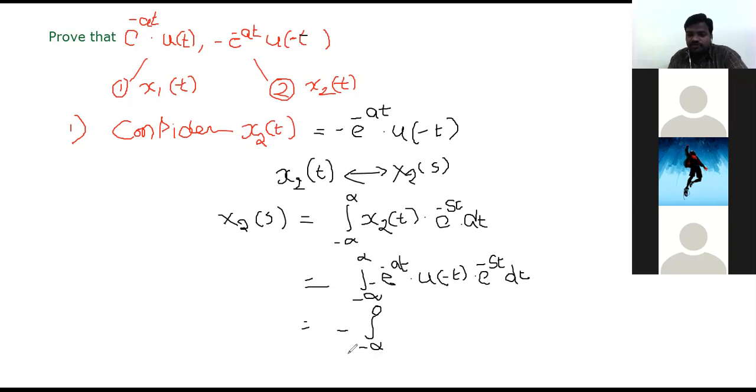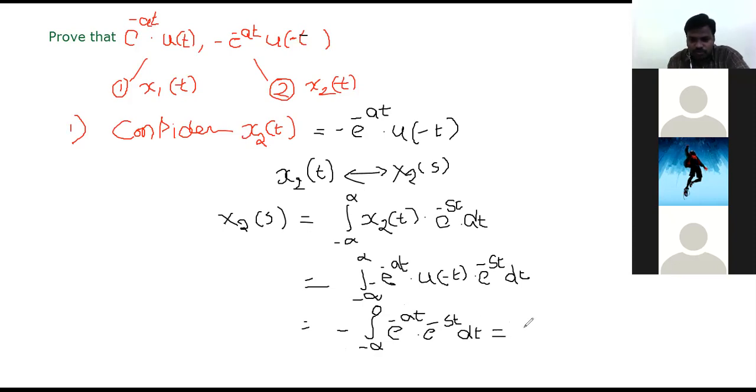So for negative values of time, that signal has magnitude 1. For positive values of time, that signal is not defined. That is why I have changed the integration limits to minus infinity to 0. So e power minus at and e power minus st into dt. Is it not?